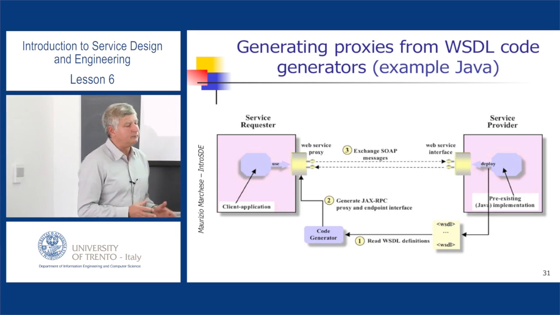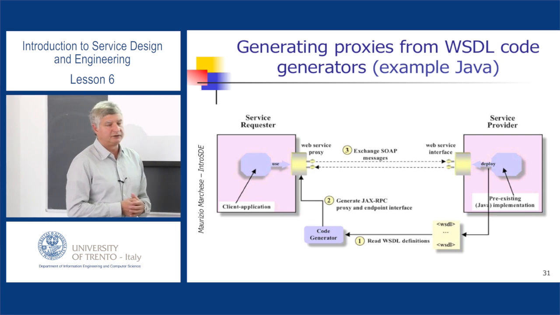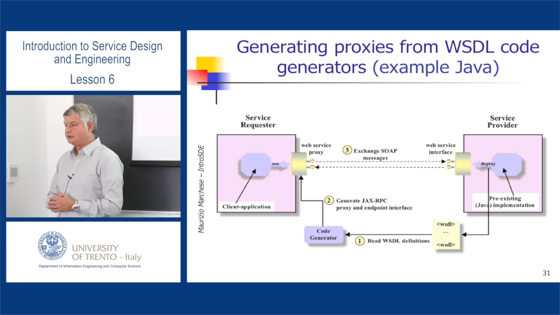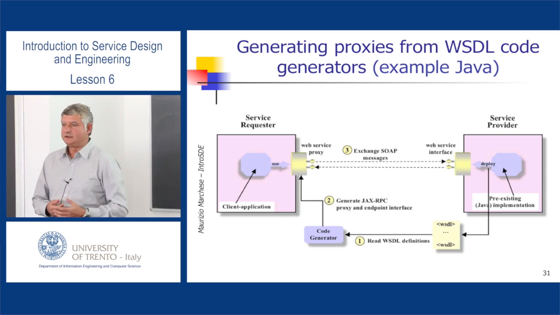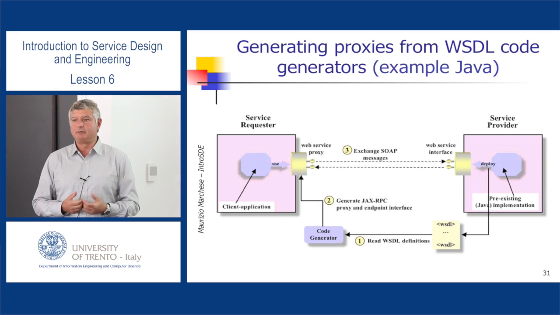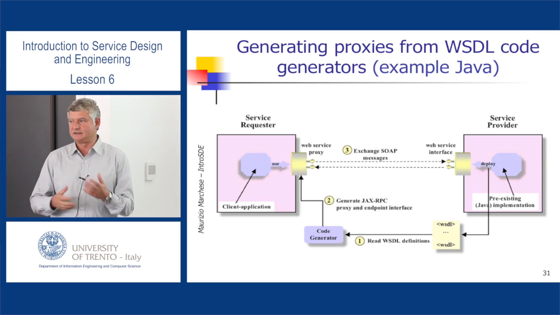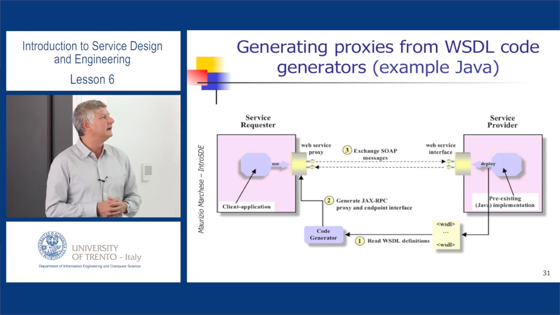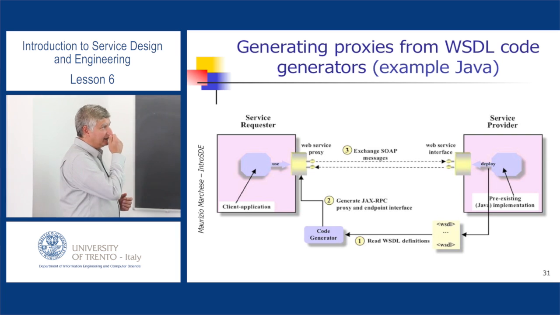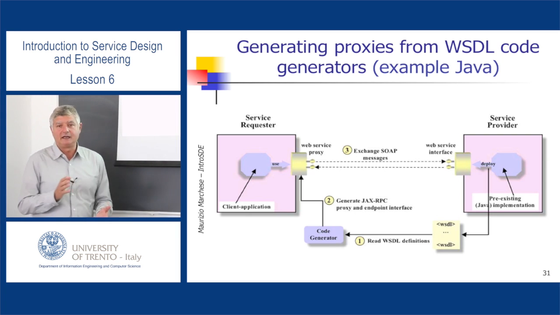The machinery, the middleware that is available for SOAP services based on WSDL is pretty sophisticated at the moment, and probably has better support at the moment than REST services, although now REST services are catching up on this one. And the implementation is, if you think about it, nothing new.